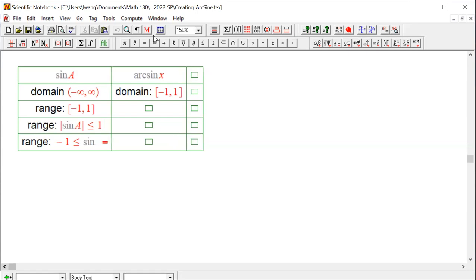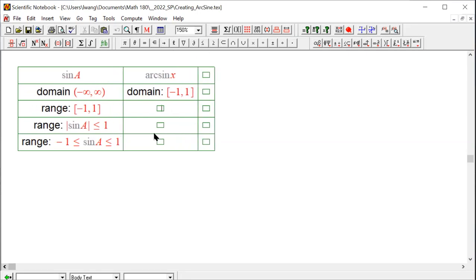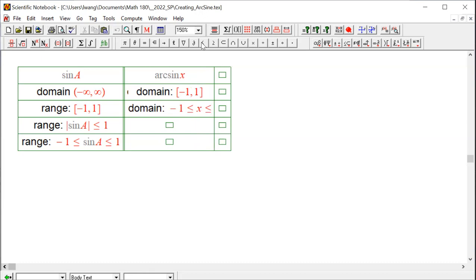Another way of expressing range is sine A is between -1 and less than or equal to +1. So these are the expressions. For the domain of arcsine, we have other ways to express it. It could be x between -1 to +1.